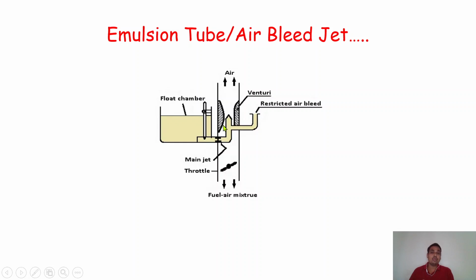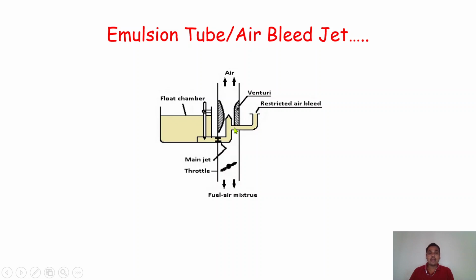Okay, so by using such kind of additional systems, we are able to supply the required amount of air and fuel mixture to the engine cylinder to satisfy the need of the engine.